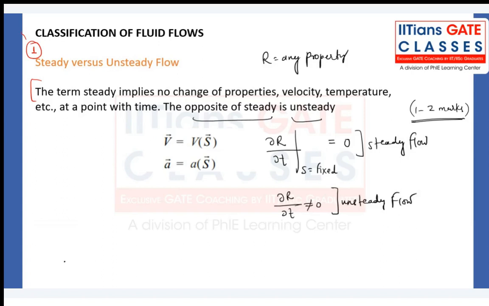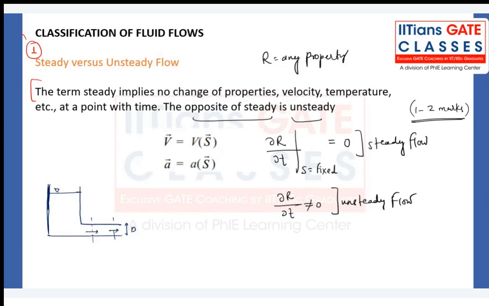If I give one more practical example to understand unsteady and steady flow, what could be the best example? Pipe flow problem. Let me give you the pipe flow problem. The pipe is connected to the tank, there is a reservoir and the pipe is there, a pipe of constant diameter through which the liquid is flowing out.